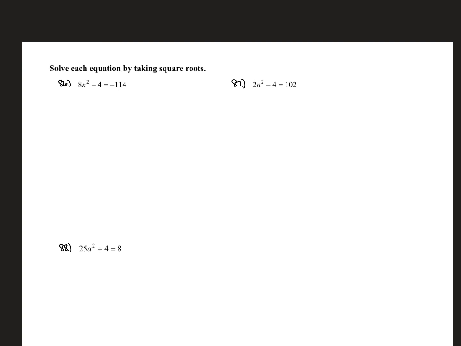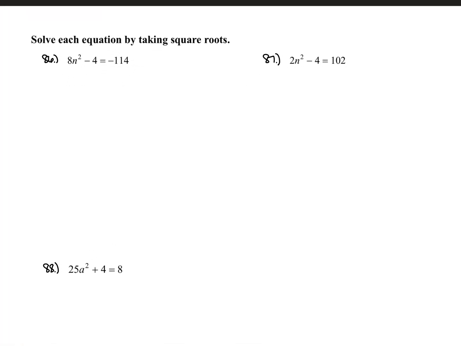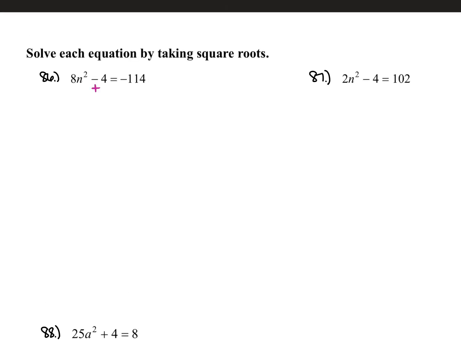For your next set of questions, you're taking square roots here. So if we look at number 86, you have 8n squared minus 4 is equal to negative 114. We're going to start this one by adding the 4 to both sides, getting the 8n squared by itself. From here, you're going to divide each side by that 8. You can simplify this, and you're going to be left with negative 55, right? 110 divided by 2 is 55, yes, over 4.